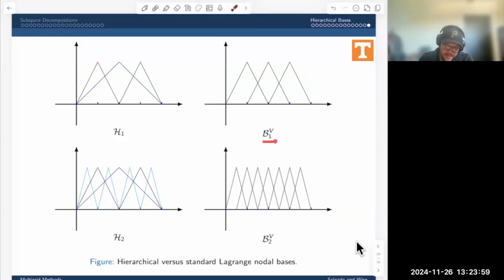Here's the basis, the standard Lagrange nodal basis for level 1 for the space V1. So this one we already know, we've already proven that this Lagrange nodal basis is a bona fide basis for that space V1. And it has 3 elements in it, 1, 2, 3 degrees of freedom. Well, the number of degrees of freedom here is correct. No problem there.